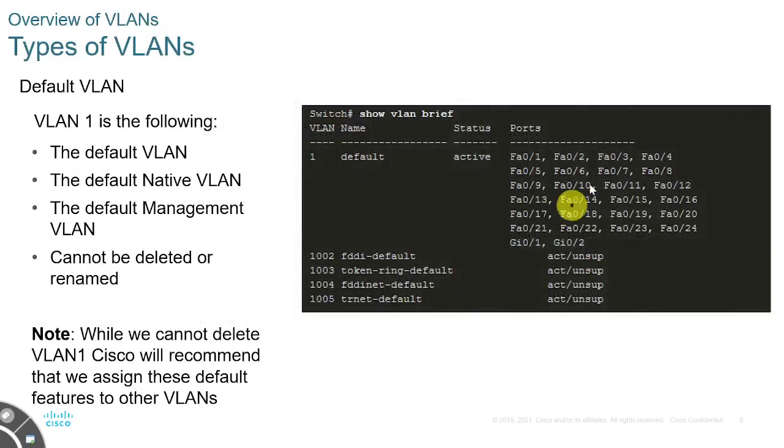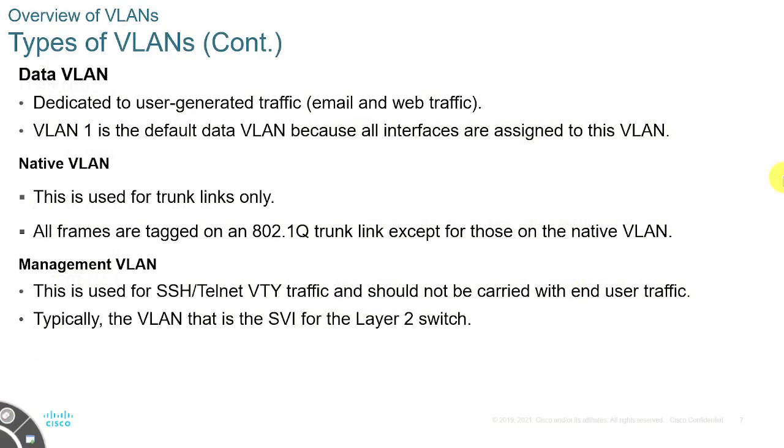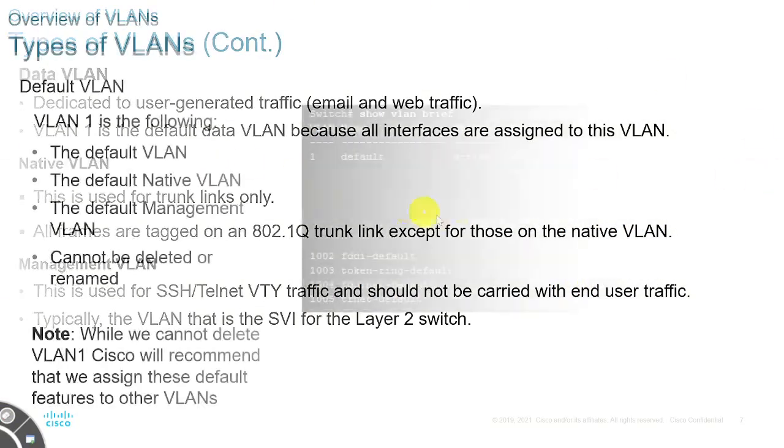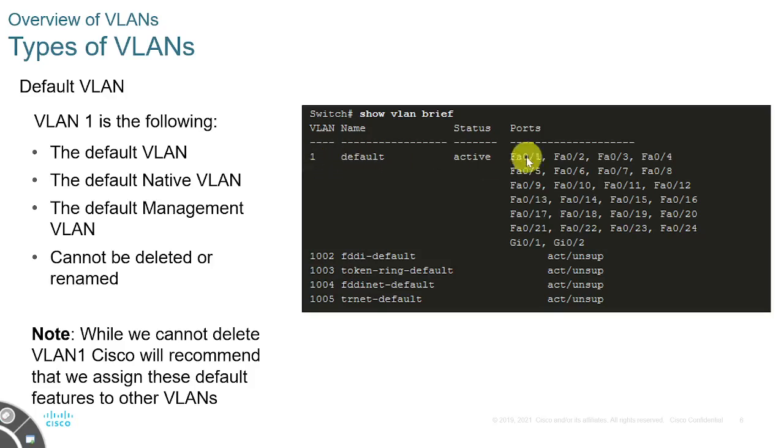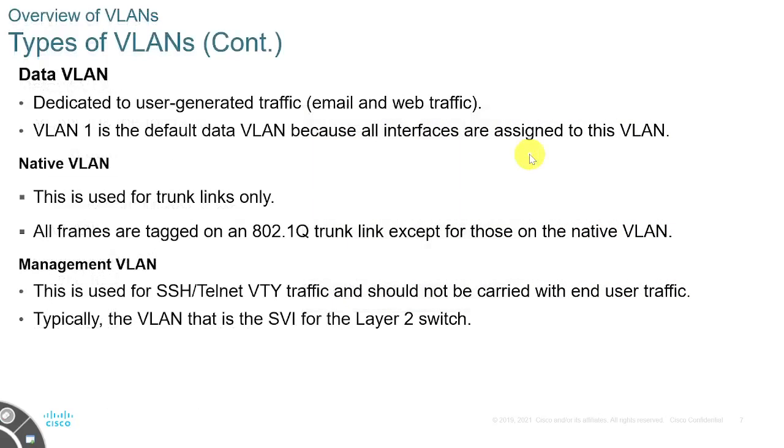Because here, as you see, all the interfaces are assigned to this VLAN initially. Whenever you start with the switch, you will see all these ports are assigned to VLAN 1. So VLAN 1 is a data VLAN, because all interfaces are assigned to it.